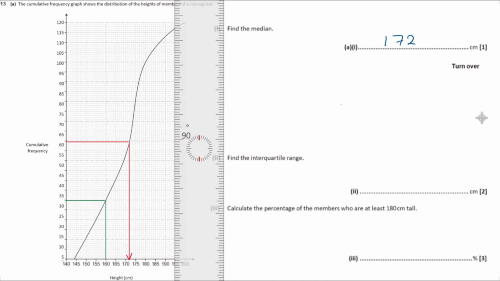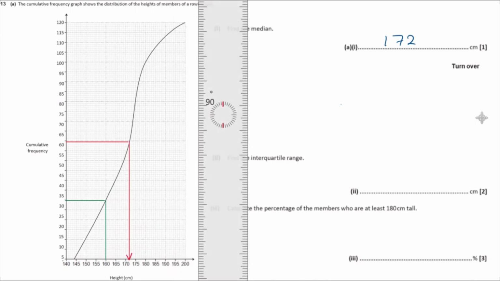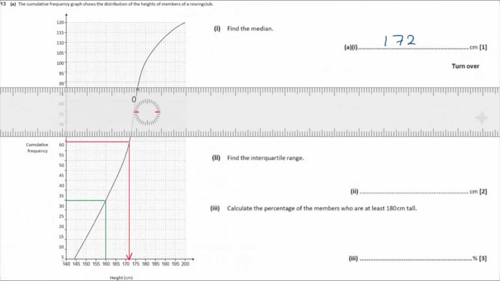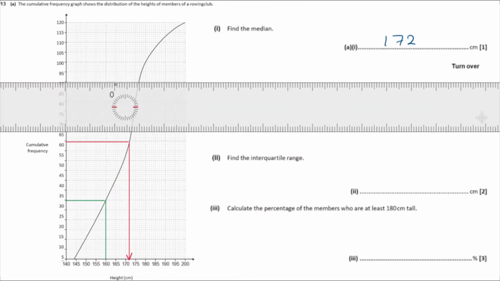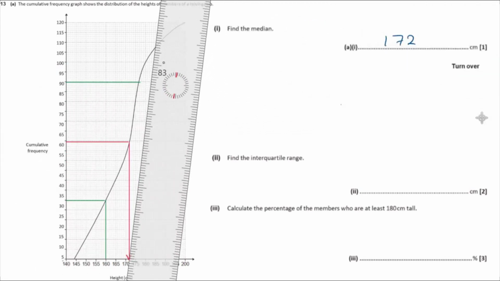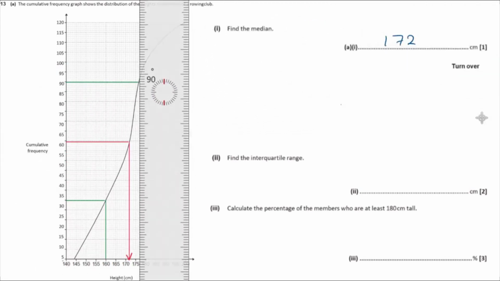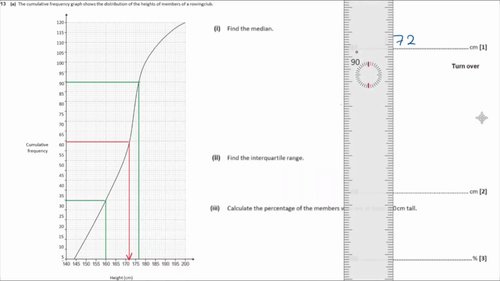So read across from 30, and then 3/4 of the way through. 30 times 3 is 90, isn't it? So I'm going to read across from 90. So find 90, read across to your curve, change direction, and read down. Okay, so my lower quartile Q1 is going to be 160, and Q3, my upper quartile, I would say that's about 177.